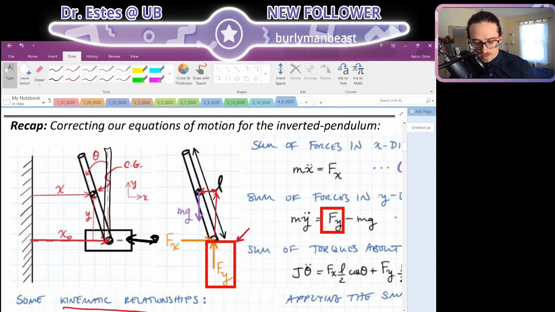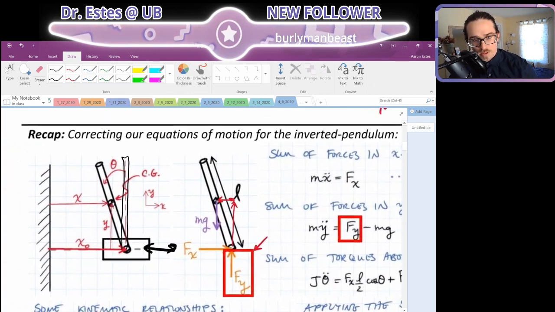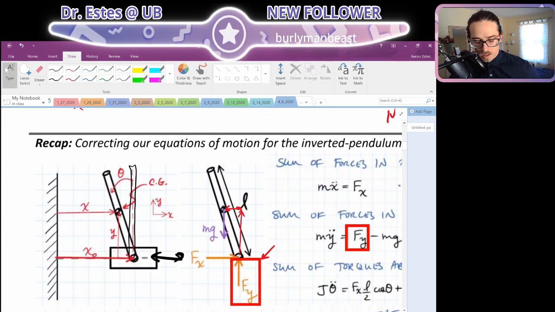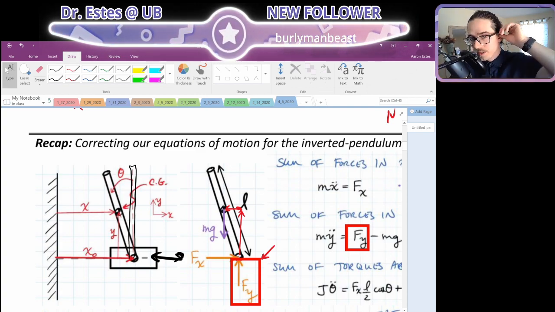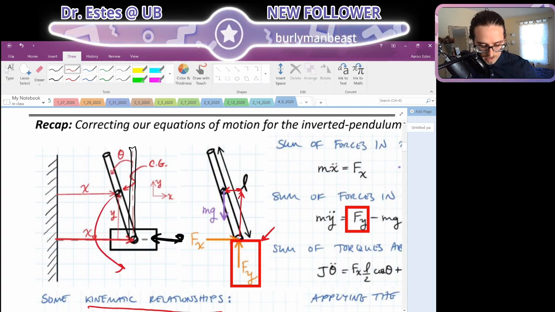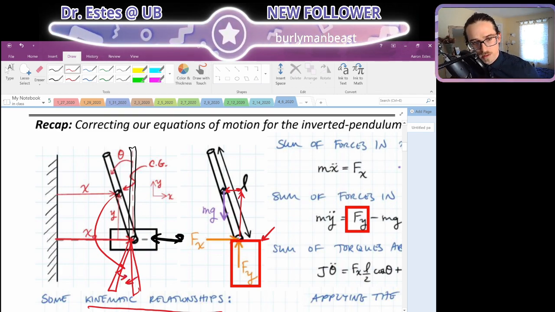So if I try to move this cart back and forth and excite the dynamics so that I can get a model using system ID, I'm not going to be able to keep this upright in the first place. In a real experiment, this would fall down to the bottom and I'd be getting a model of a pendulum in its stable position.